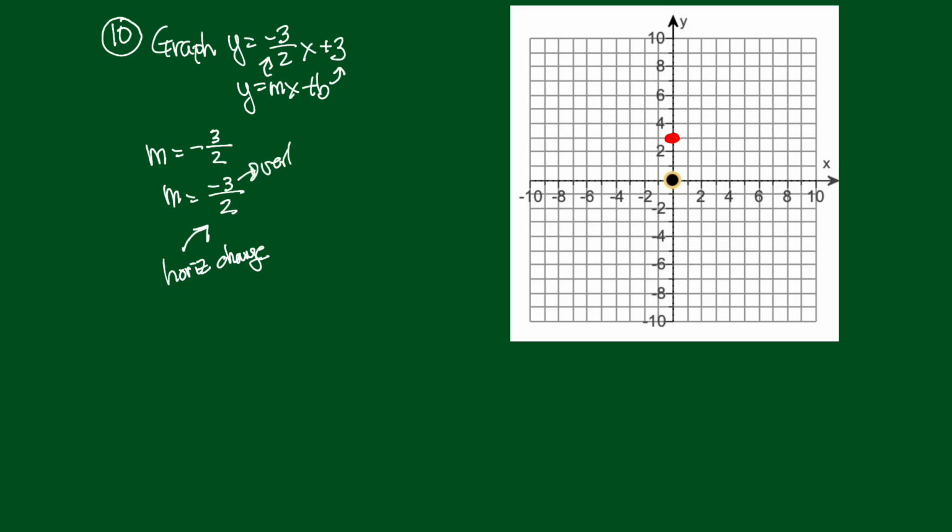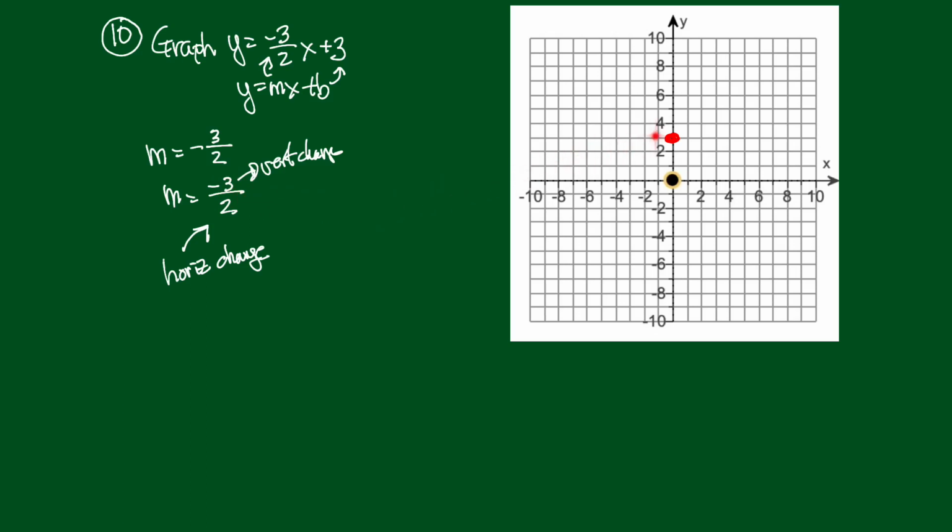The top number is the vertical change. All right, so here's what I'm going to do. I'm going to go over to this point on the graph. So I'm over here on the graph. Start at some point on the graph. I know that one. Now, make these changes. I am going to go to the right 2, right because it's positive, and then down 3. Bottom number is the horizontal change, top number is the vertical change.